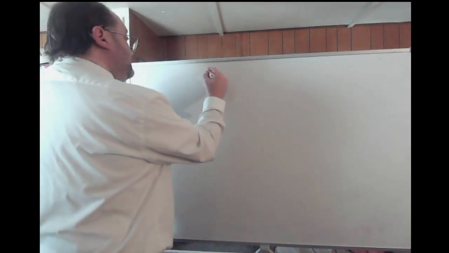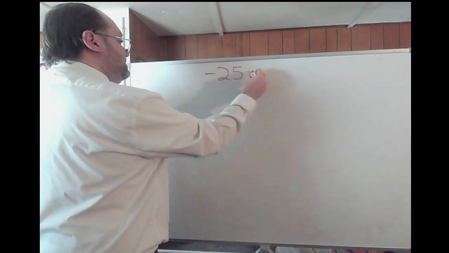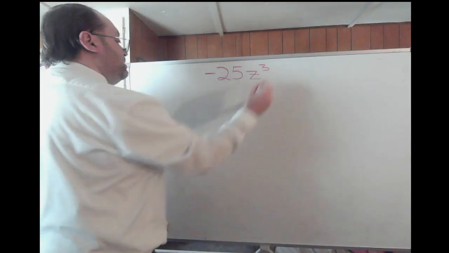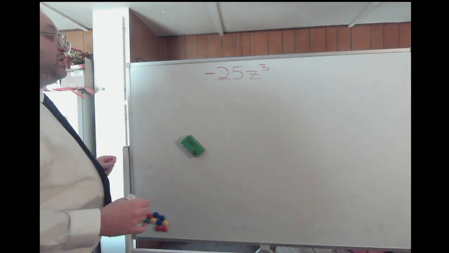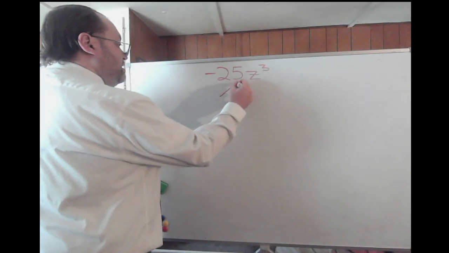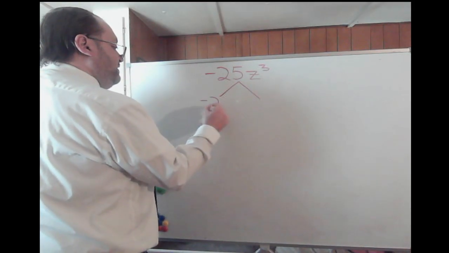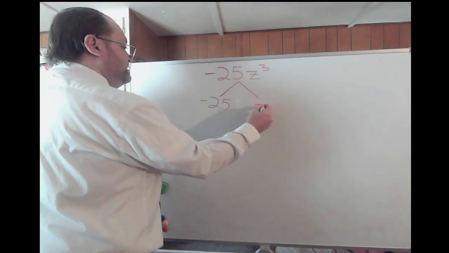Alright, we got negative 25z cubed. Well, we can break this down again into negative 25, and then we're going to have z cubed.